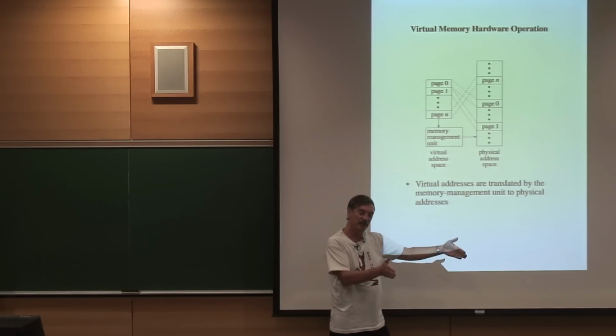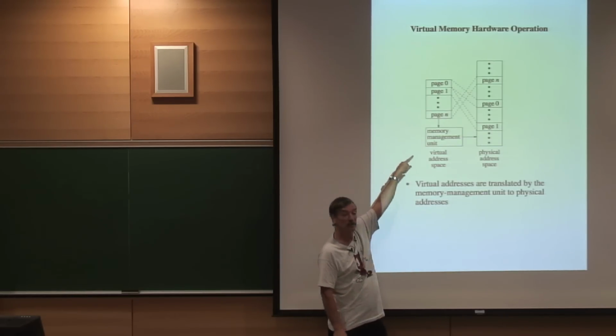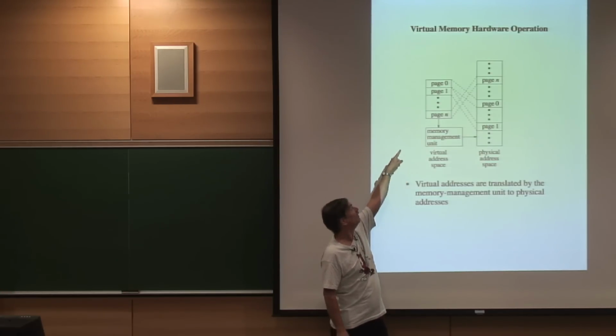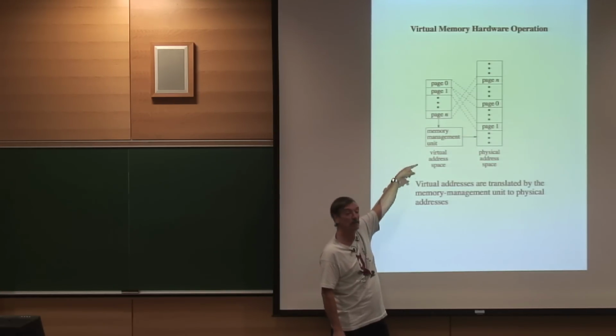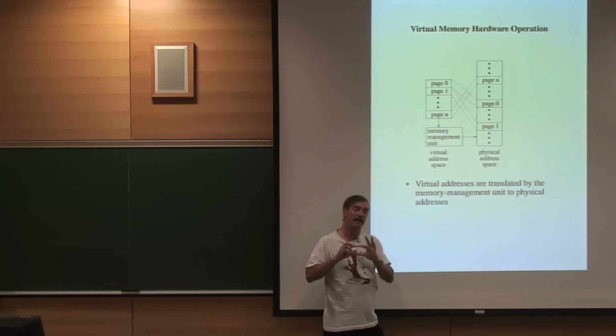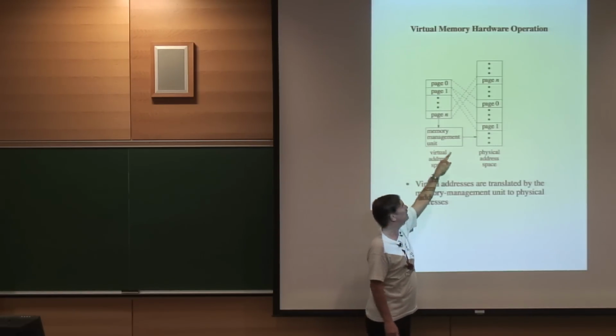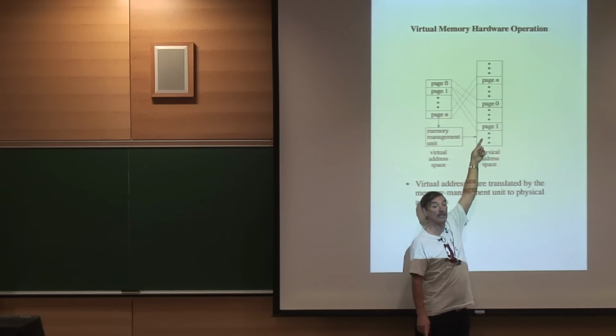It takes the remaining bits to the left of those and uses that as an index into this page table. The software sets up the page table, and it's got one entry for each page. So the 0th page says, if you get a virtual address somewhere in the first page of the address space, then you come here, and it says that virtual page lives over in this physical page in memory.